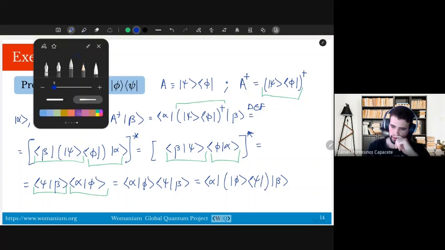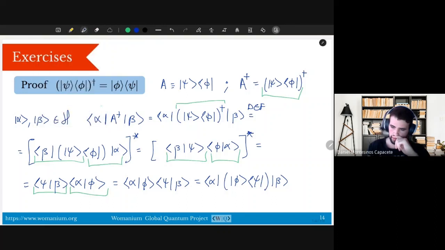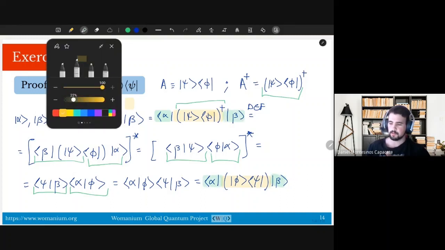I will highlight in orange. We have this expression and this other expression. We have the same alpha and beta here. So the yellow part must be the same since this is an equality.